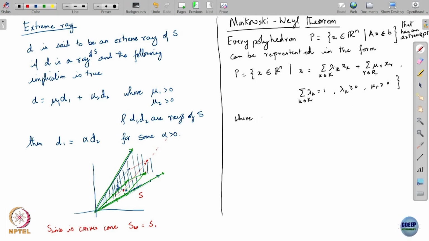Okay. Now, here the points x k, where k belongs to capital K, these are the extreme points of the polyhedron, and x r, where r belongs to R, are the extreme rays.